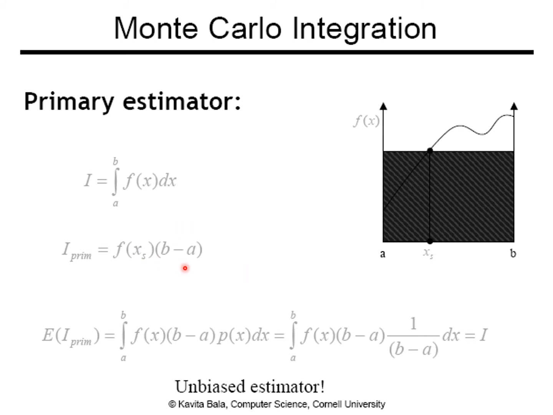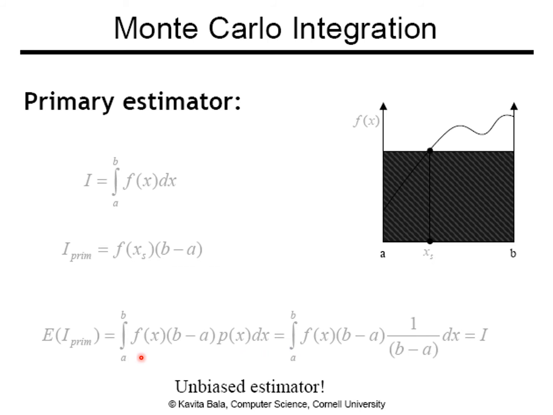In this case, p of x turns out to be 1 over b minus a, so f of x divided by p of x turns out to be f of x multiplied by b minus a, and then the average of this primary estimator turns out to be like this.